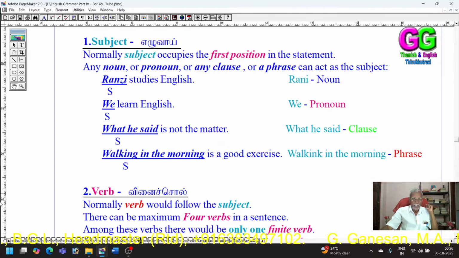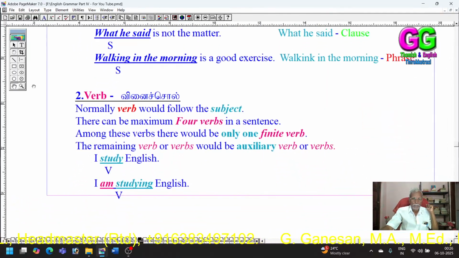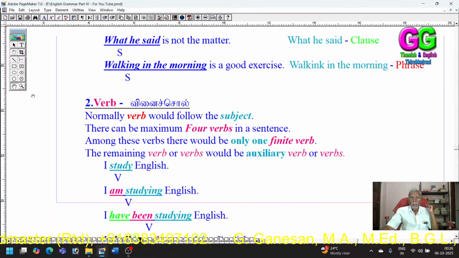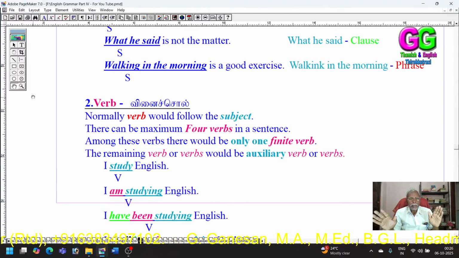Okay. Now let us see the second element, verb. In a statement, verb normally follows the subject. There can be maximum four verbs in a sentence.